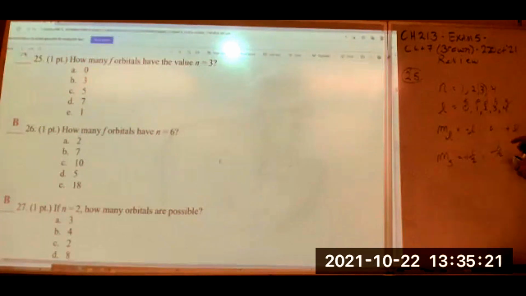Actually, we don't need it. If n is 3, what could L possibly be? It could be 0, 1, or 2, right? There are no f's at that level. So that's why the answer is 0. No f orbitals can have n equals 3. It's impossible.